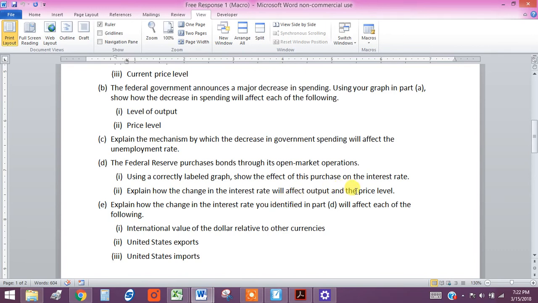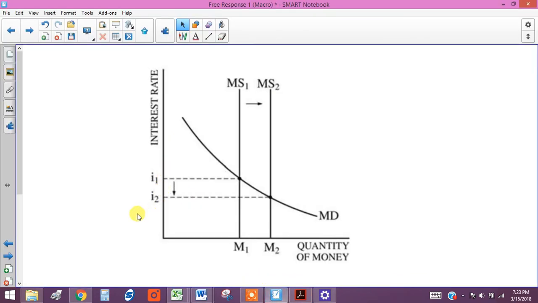Well, when you drop the interest rate, and you just need to explain this in words, that's going to mean that because money costs less, because the interest rates are lower right here, people are going to be more likely to invest or borrow money, because it's cheaper to borrow money, and they're going to be more likely to consume, because if they buy anything where they borrow money, like a car or a house, it's going to be less expensive because the interest rates are lower.